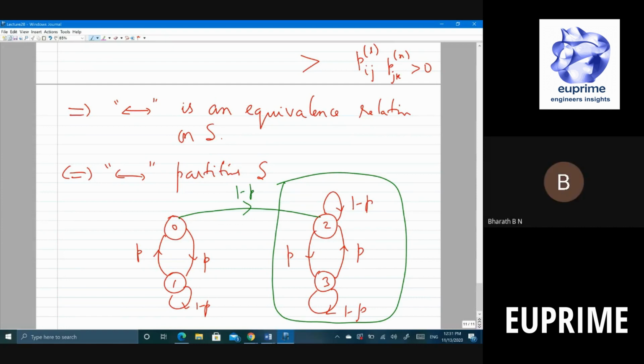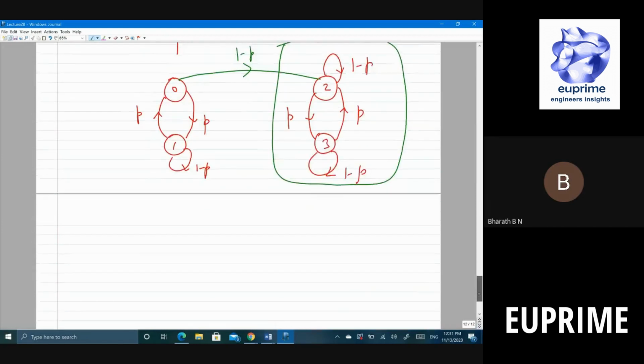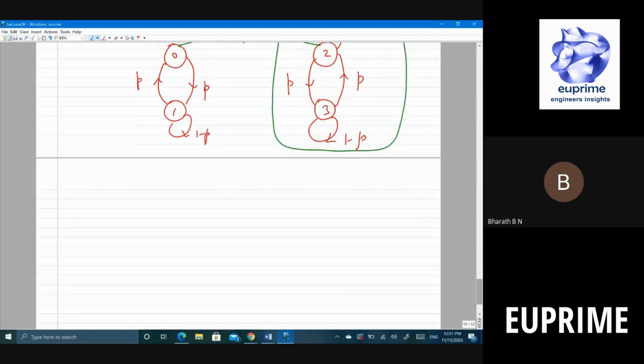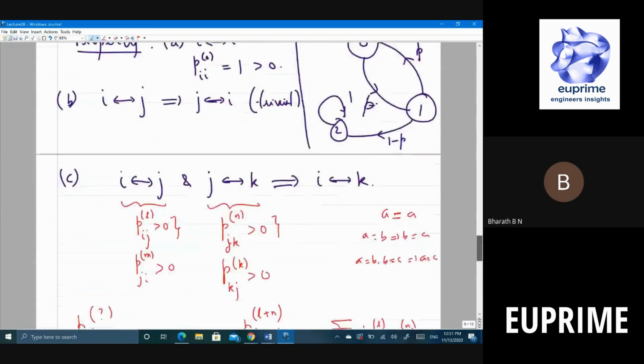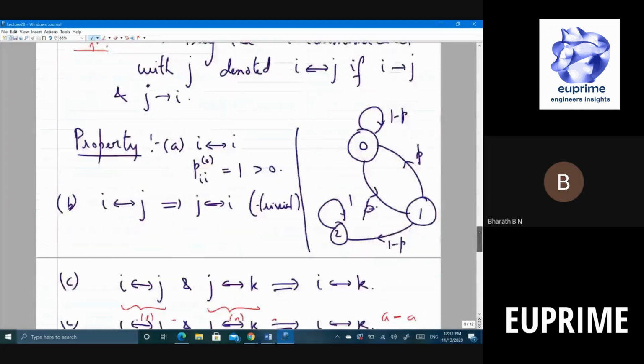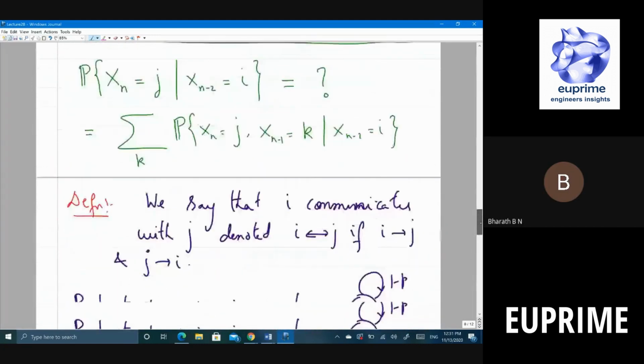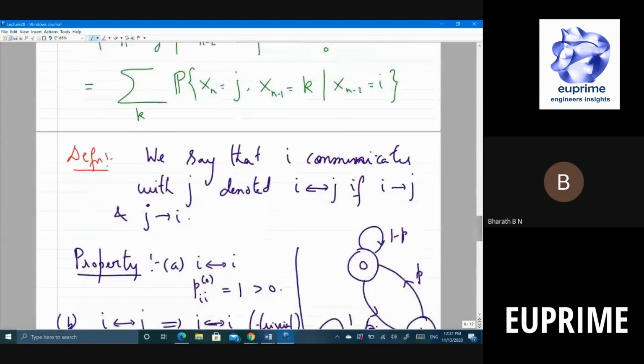Okay, so we will continue with this in the next class. The big picture is, what is it that we are trying to do? Maybe I'll describe this in the next class. I probably should have done this before doing this equivalence. Just read what an equivalence relation is and try to see why it partitions the set into disjoint subsets.